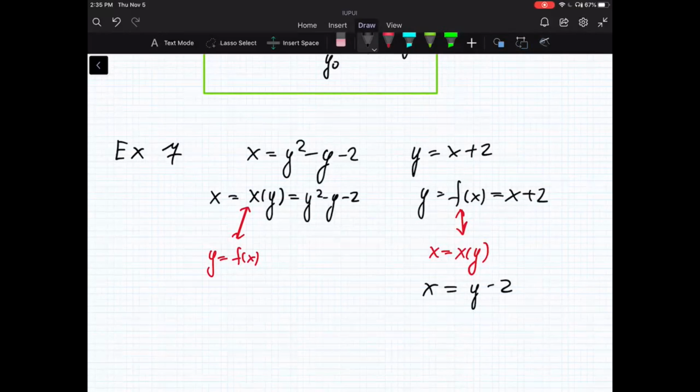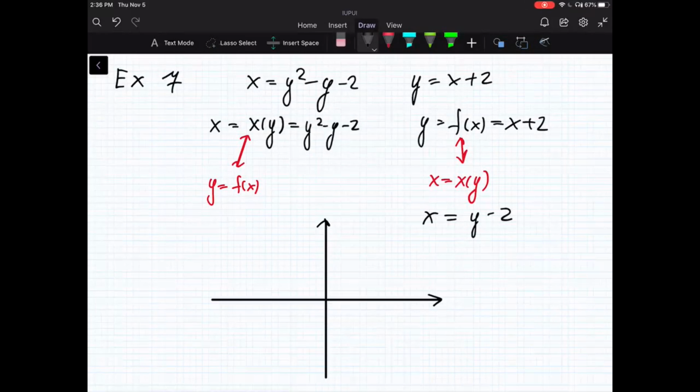And again, we can draw the picture. The first function is a parabola in terms of y. And what are the zeros of this parabola? So again, I need to solve y squared minus y minus 2 is equal to 0. And that gives me y equals 2 and y equals minus 1. These are the roots. So I have 1, 2, and minus 1.